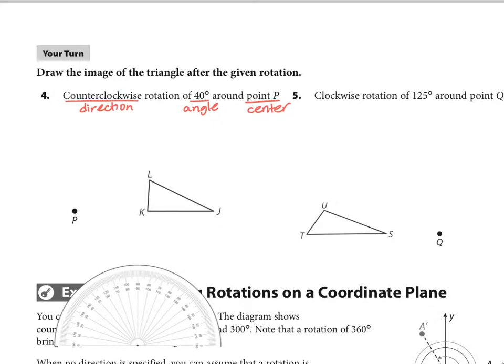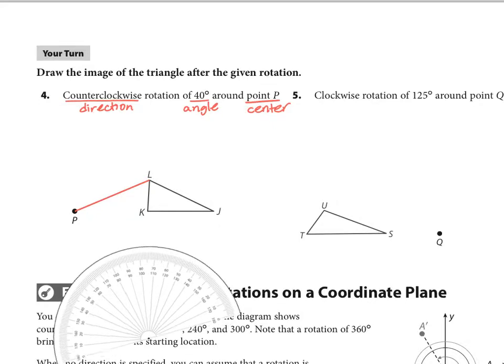So what we want to do, first step, is to draw a line from the center to any of your 3 points. You're just going to repeat this for the other 2 points, so you just pick one to start with. So I'll pick point L. So I'll draw a line from there. And the next thing we need to do is measure that 40-degree angle.